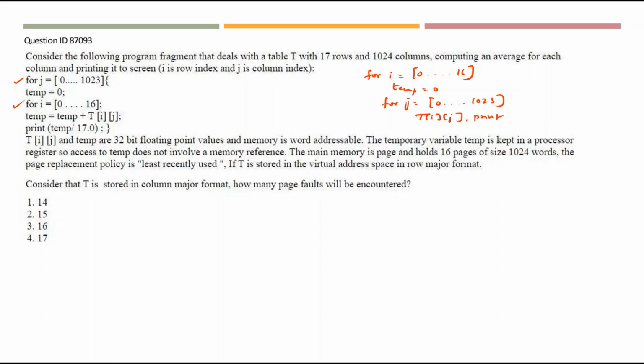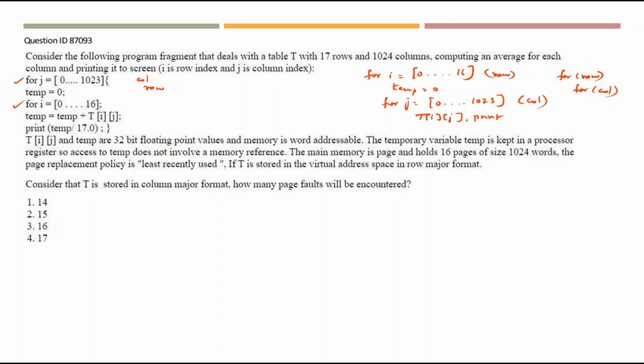We usually create arrays keeping the row index first and then the column index, but they have given the column index first and then the row index. For column major format, you have to just swap the column part and the row part in the loop. So I am placing the row part here and the column part here.